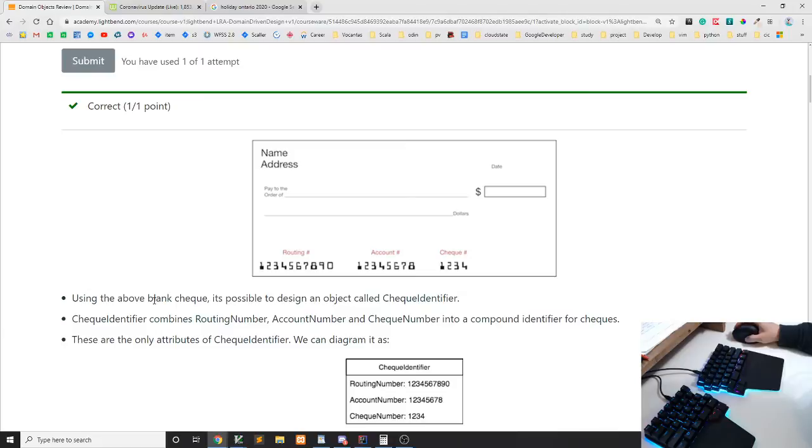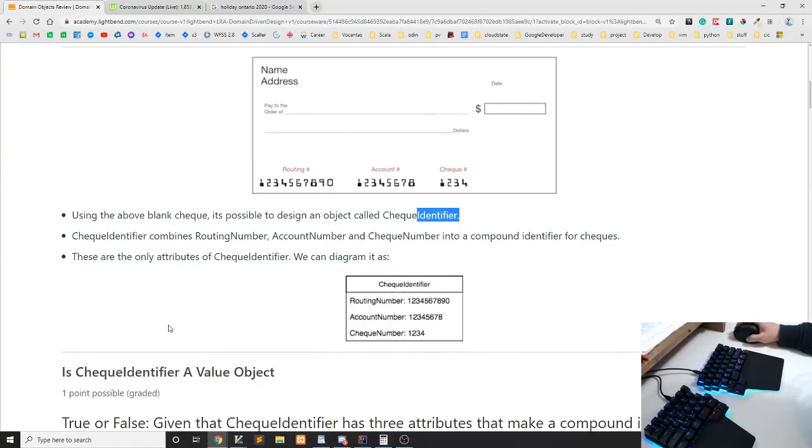Correct. Using the above blank check, it's possible to design an object called check identifier. Check identifier combines a routing number, account number, and check number into a compound identifier for checks. These are the only attributes of check identifier.